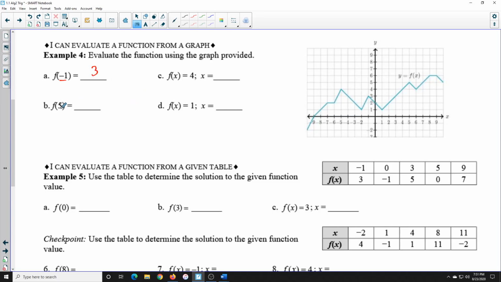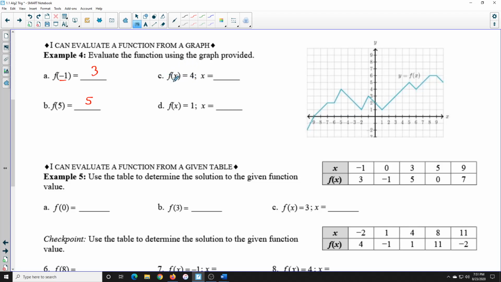So not too bad. So now the x value is 5. They want to know the y value, so go over to 5 on the x and then up to the function, and the y value is 5. C, f of x equals 4.